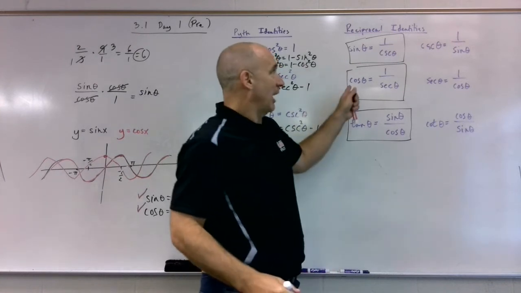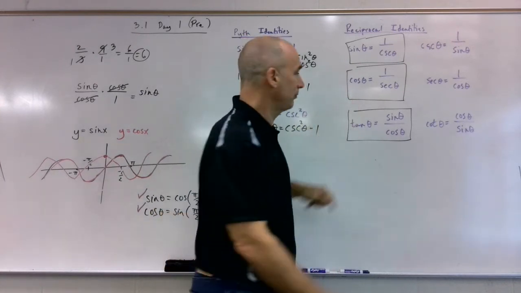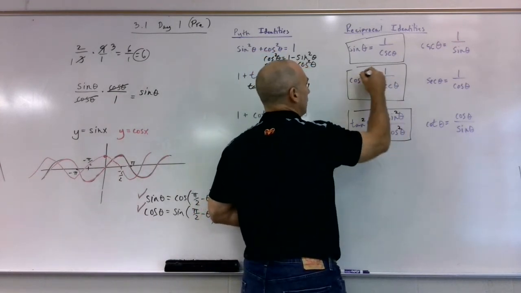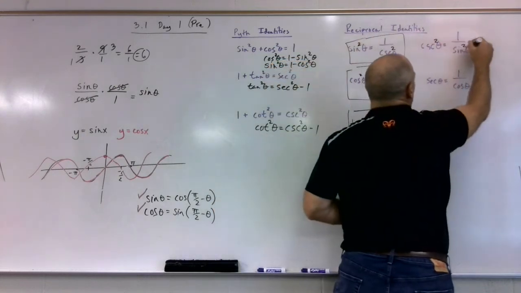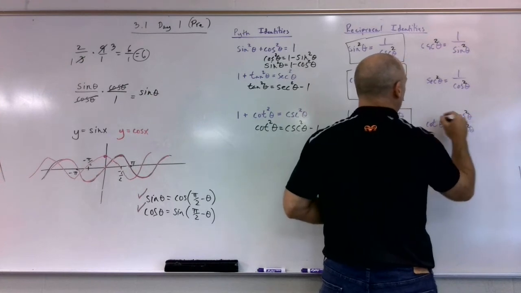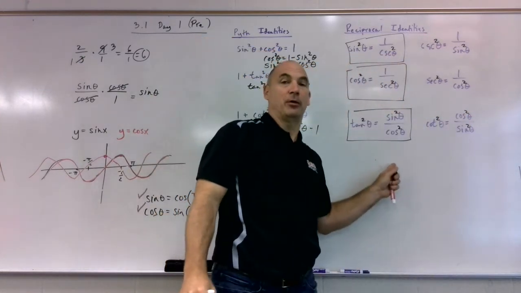What I'm saying is, how many identities do you see here? 6. What if I went like this? Now you have 12, okay?